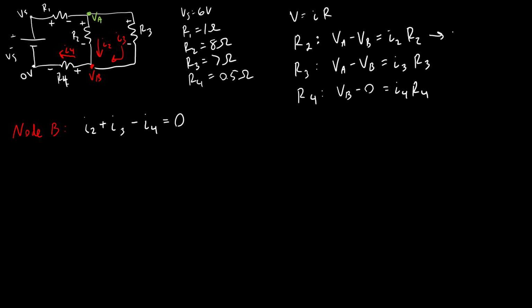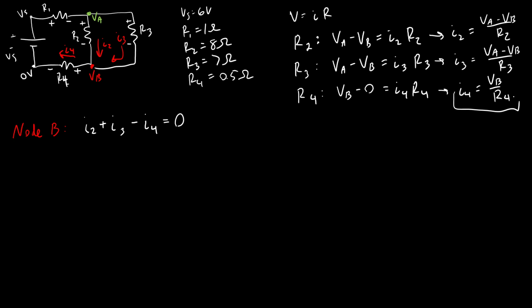We rearrange each one of these to solve for the current. So I2 equals VA minus VB over R2. I3 equals VA minus VB over R3. And I4 is simply VB over R4. We now take all three of these and plug them in to our Kirchhoff's current law equation.